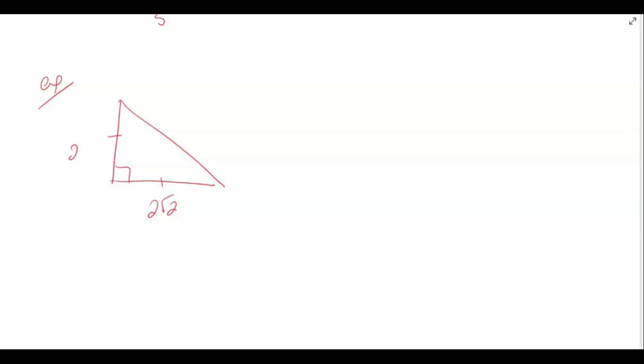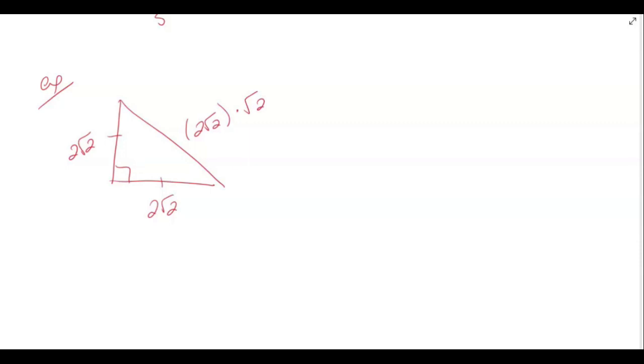All right, what if the side length is 2 square root of 2? All right, so I know that this guy also has to be 2 square root of 2. But for the hypotenuse, my x is 2 square root 2. And then I need to multiply by the square root of 2.